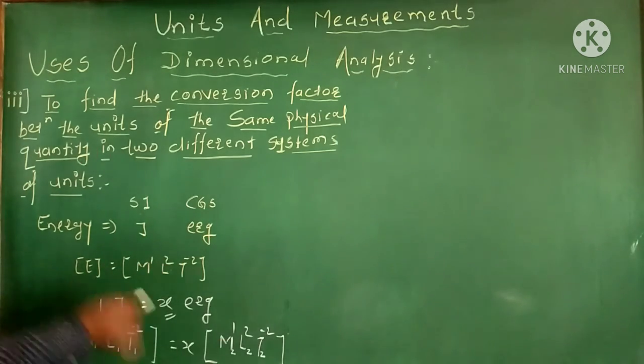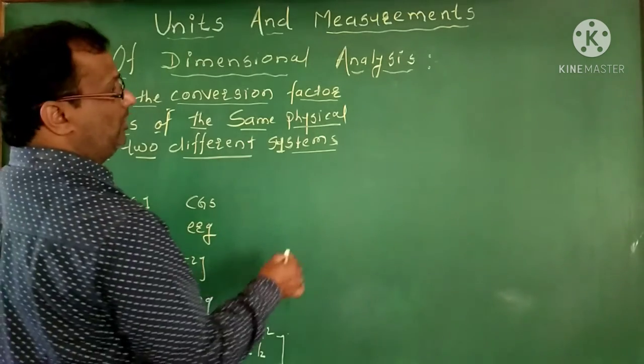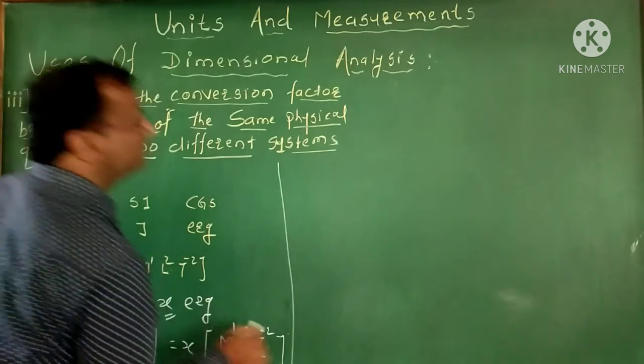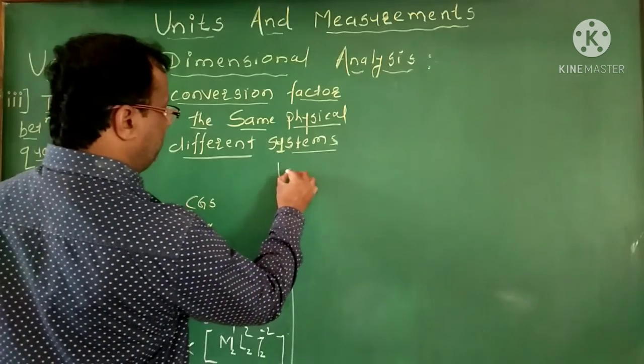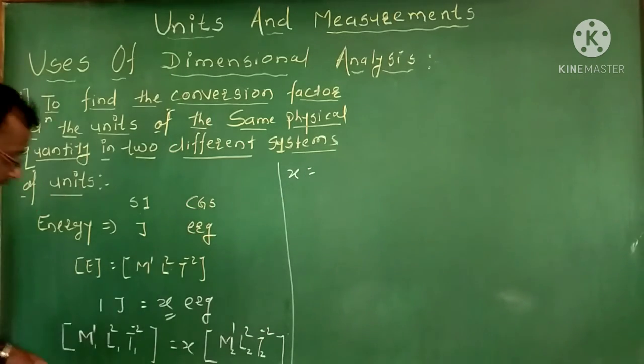And now x is the conversion factor, right? So we rearrange this. x is equal to, simply we transfer this quantity to this side.